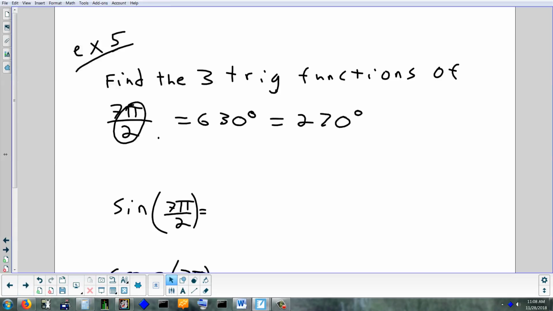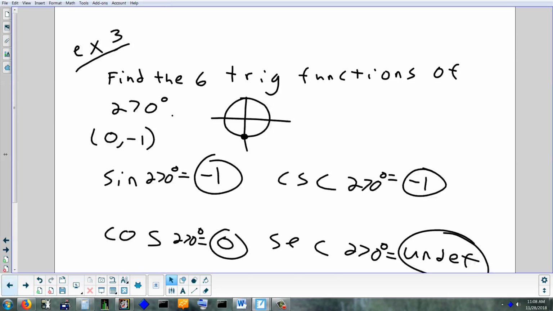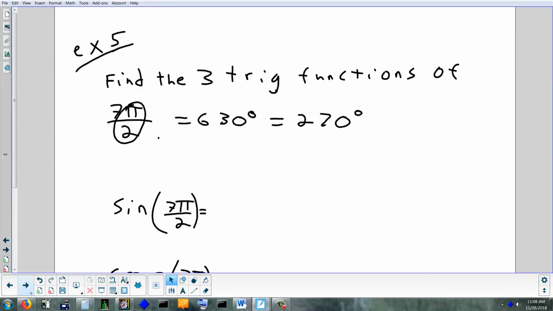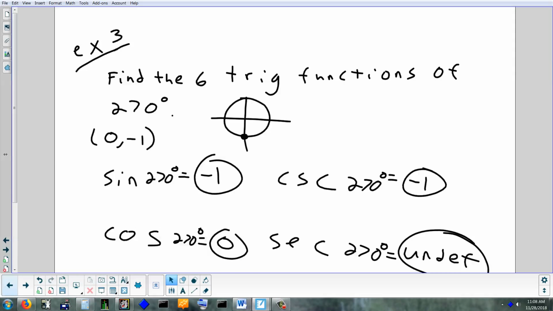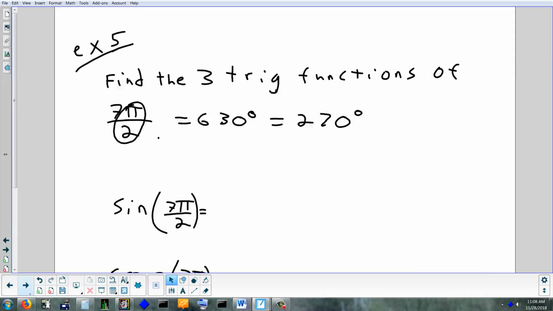Oh wait, 270. We just did that problem. So from here on, it's exactly the same question, all the same answers. So I'll just put C example 3. So a lot of times it might look like it's a different problem, but this wasn't. It was the exact same problem we just did.